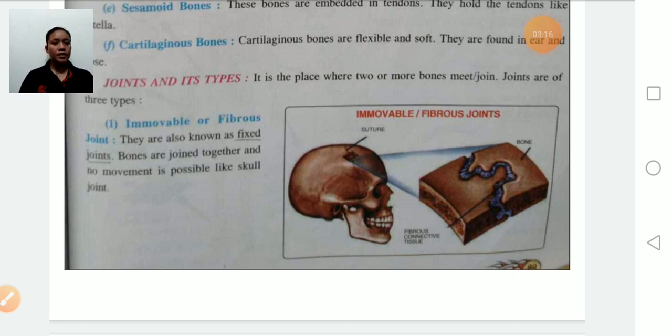Immovable joints, or fibrous joints, are also known as fixed joints. In an immovable joint, no movement is possible, like in the skull joint.